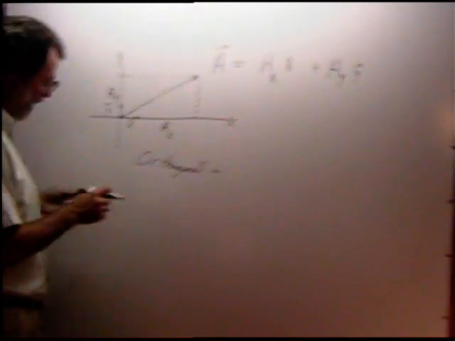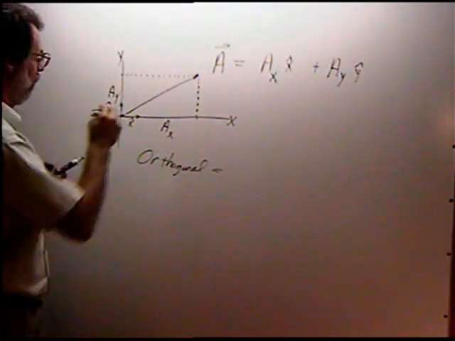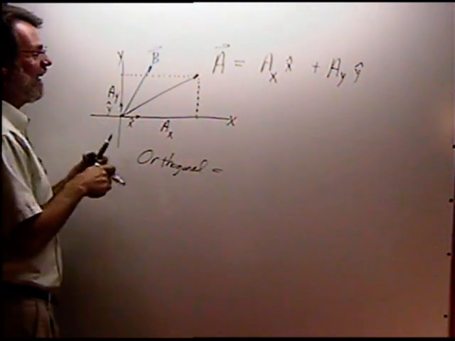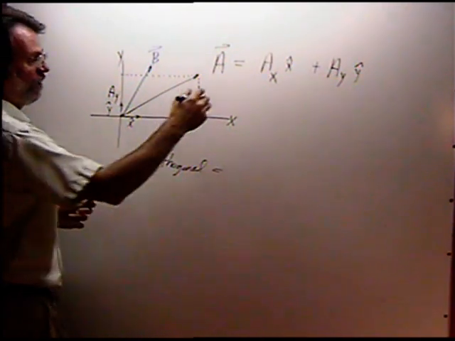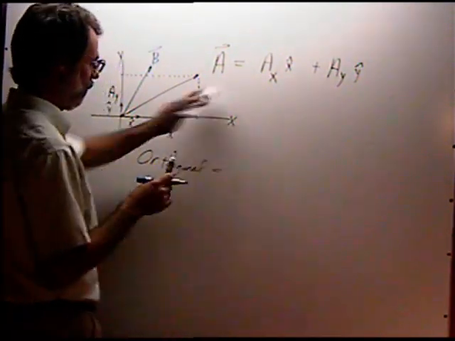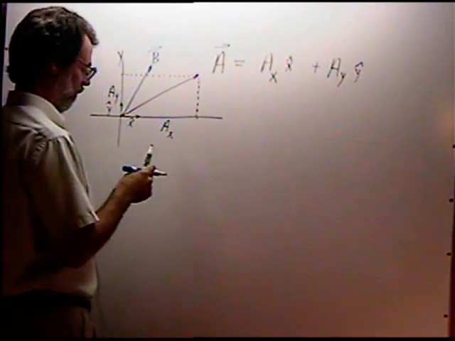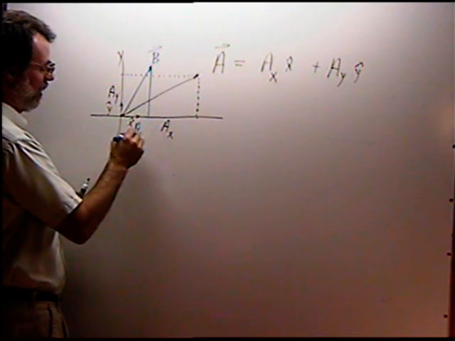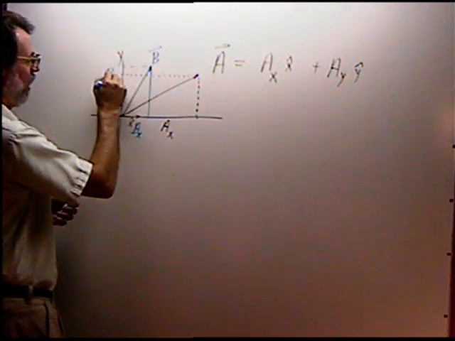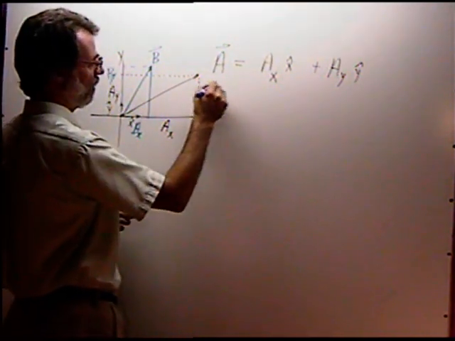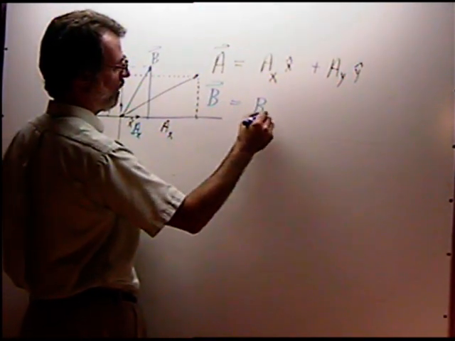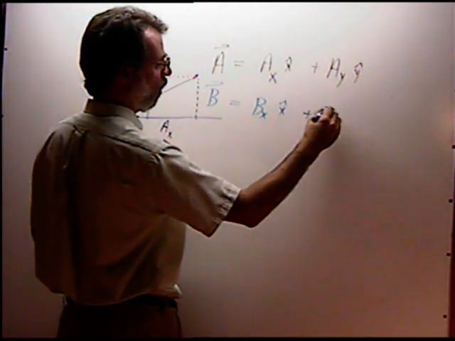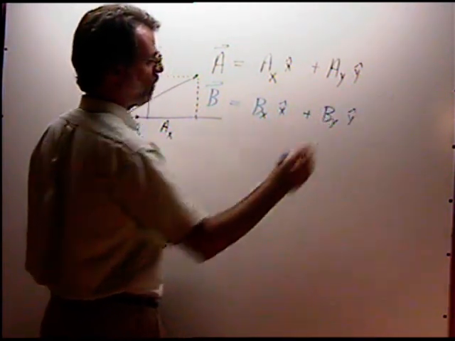Okay. Suppose I have two vectors, A and B. I can do the same thing to the B vector. I can break it up into its components, b sub x and b sub y, and say that the B vector equals the bx component in the x direction plus the by component in the y direction.